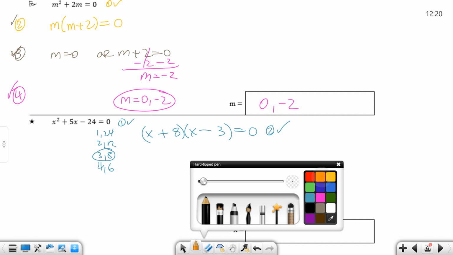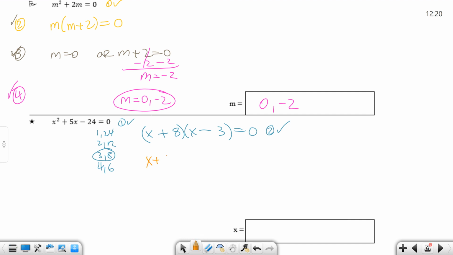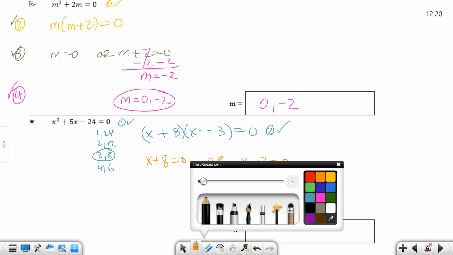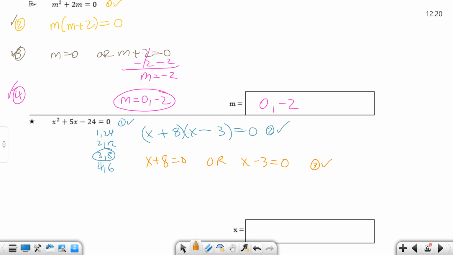So step 3 is going to be to write each one of those equal to 0. So step 3, complete. Step 4 is to do what? Solve each one of them. So that's negative 8, and over here it's going to be what?